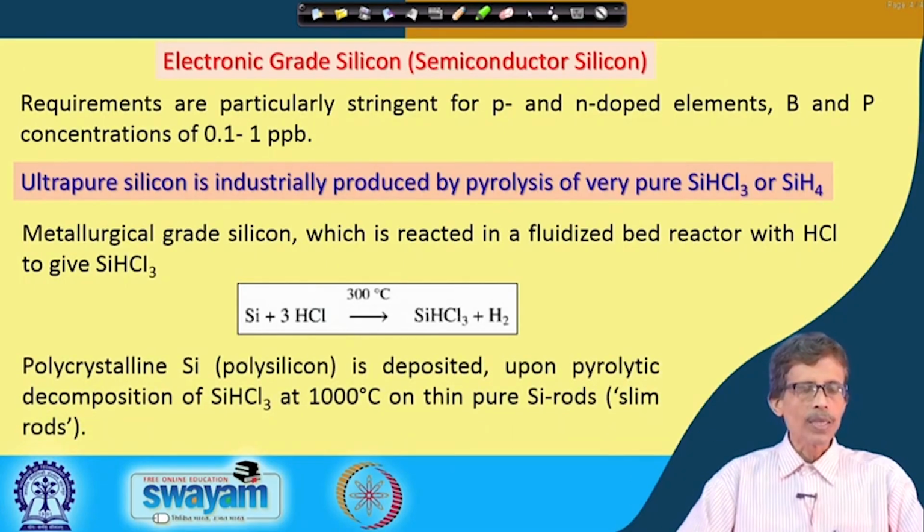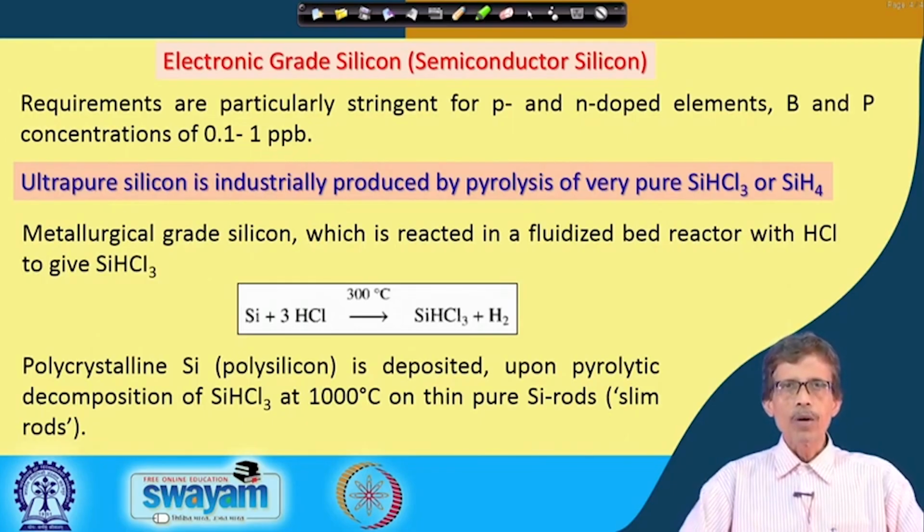Then we have polycrystalline silicon, only silicon, also known as polysilicon, which is deposited from pyrolytic decomposition of SiHCl3. So, you get this compound either from some other source or by treating metallurgical grade silicon, and SiHCl3 can be decomposed at 1000 degrees centigrade to thin pure silicon rods, which we call slim rods.